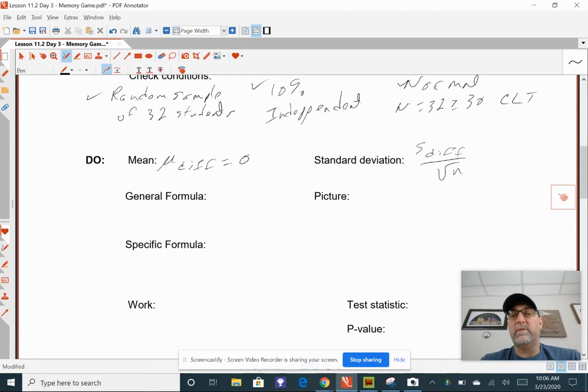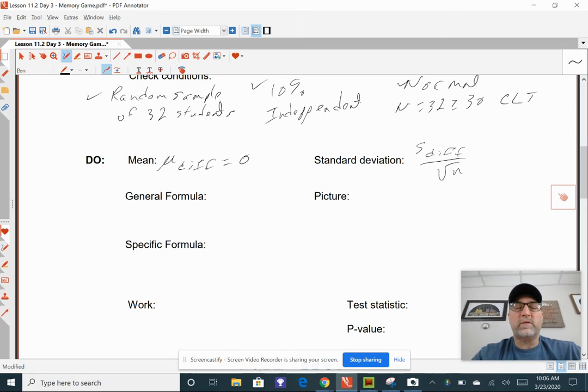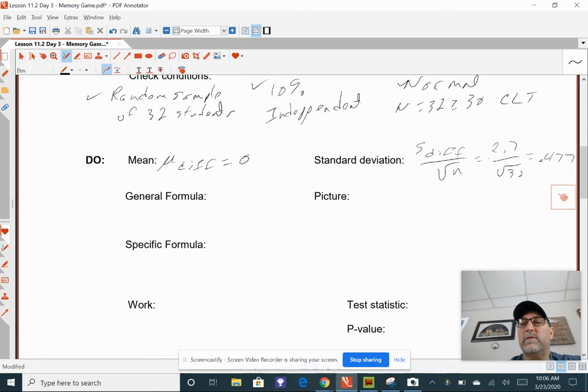When we have a 2 sample, we do the square root of s squared over n1 plus s squared over n2. But if we're doing it for the 1 sample, we're going to divide by root n. So this is going to be 2.7 divided by the square root of 32, which equals 0.477. All right, so if you do that work on your calculator, you get 0.477.